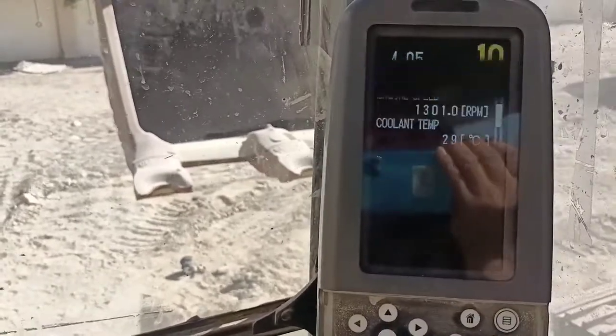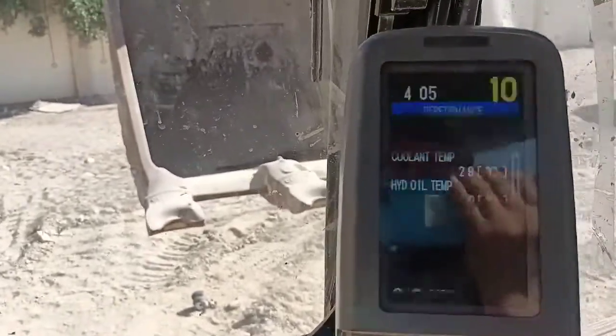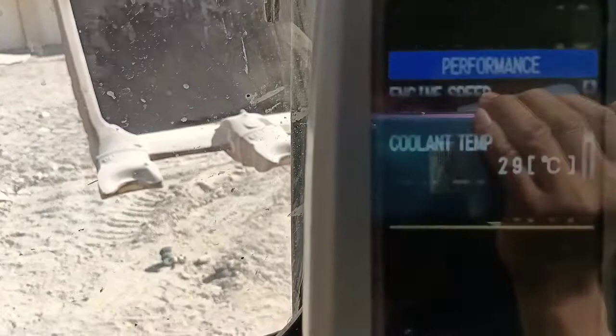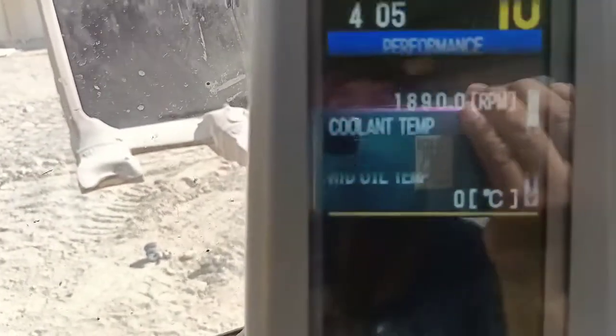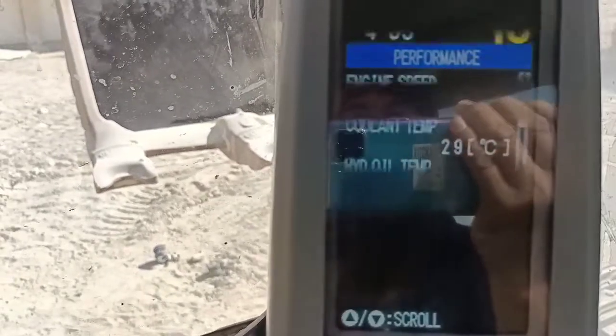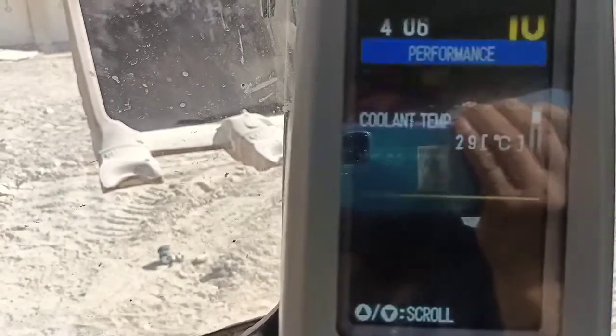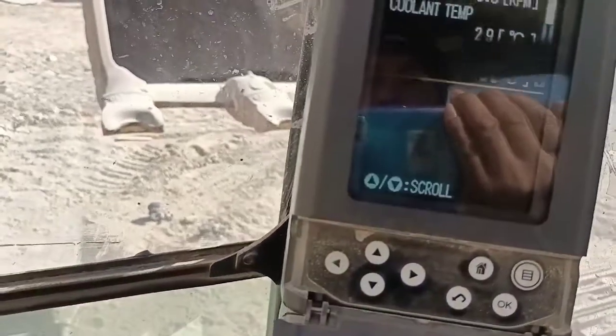Again, the RPM here is not dropping lower than what I expect for low power. The engine is good.